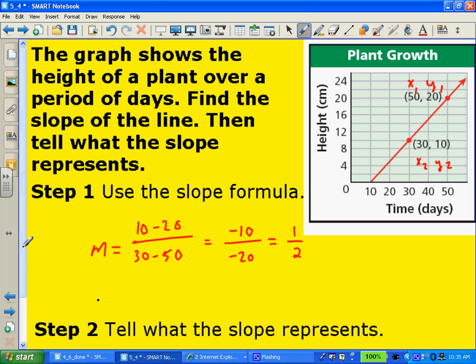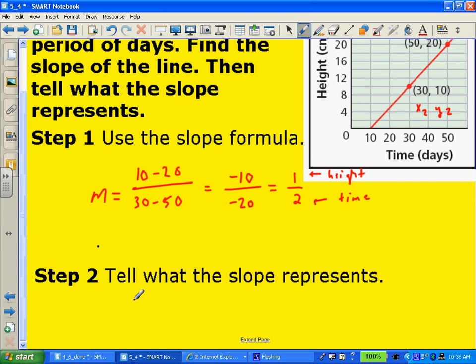And then it says, tell what the slope represents. Okay, well, this graph here is the amount that the plant grows over a period of days. And remember that the top, that's my y value, that stands for height. So that's how much it grows in centimeters. And remember, the x value is time.